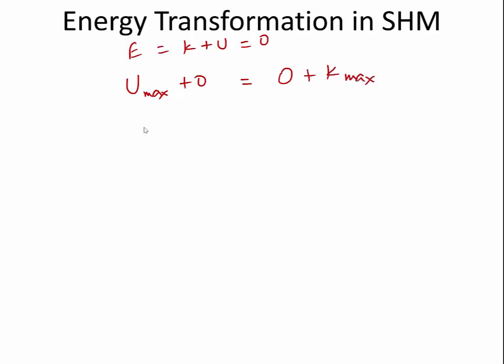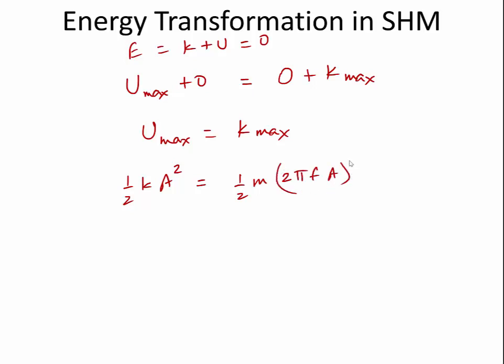So this gives me a useful expression that says Umax has to be equal to Kmax, which means 1/2 Ka squared has to be equal to 1/2 m Vmax squared, and Vmax was simply 2 pi f a, the whole thing squared. So I can simplify this. I can cancel the 1/2s from both sides.